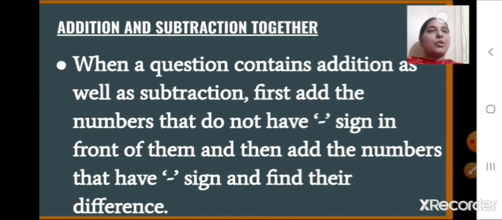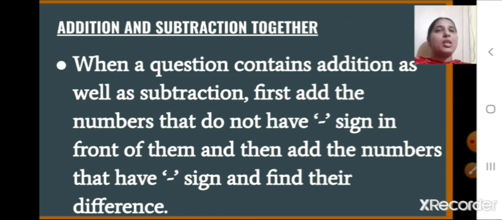Now, addition and subtraction together. Suppose there is a question which has both addition and subtraction. So how to solve that? When a question contains addition as well as subtraction, first add the numbers that do not have a minus sign in front of them, and then add the numbers that have a minus sign, and then find their difference.